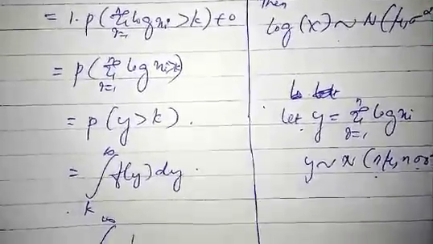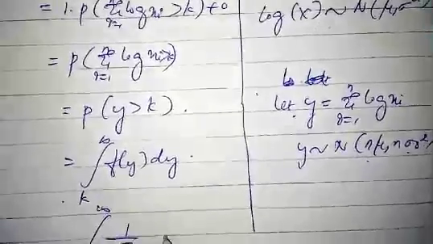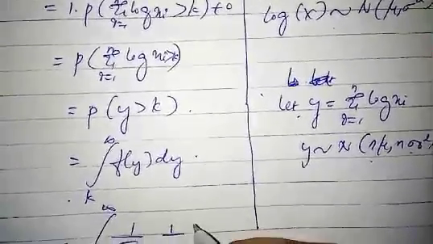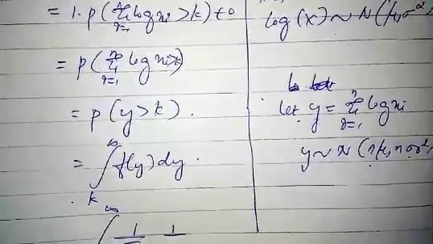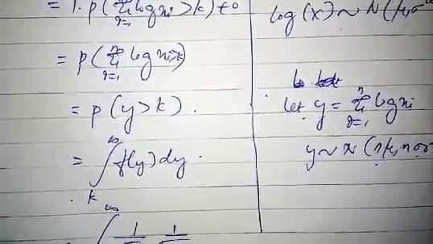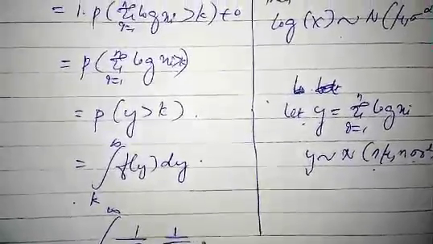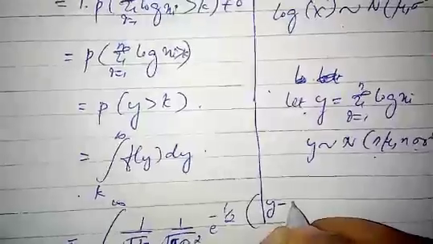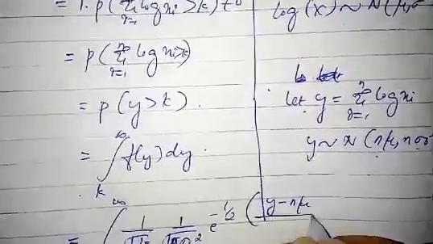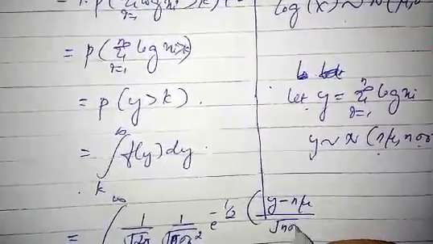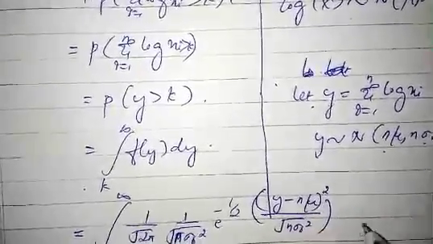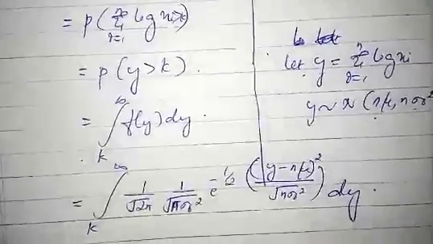That is 1 by square root of 2 pi, 1 by square root of n sigma naught square, e power minus 1 by 2, y minus n mu divided by square root of n sigma naught square, whole square, then dy.